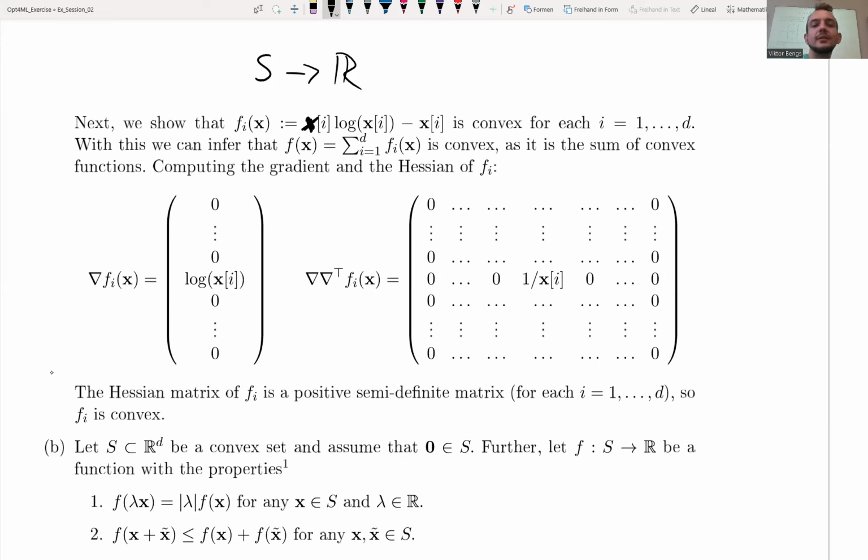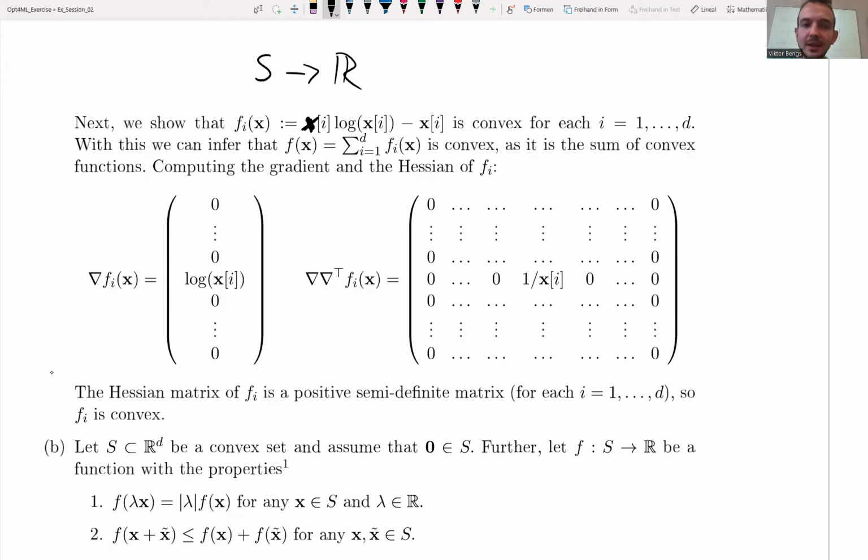Because now, if we look at the gradients of f of x, if we look at the partial derivative of this function with respect to a component of x which is not the ith component, it's 0.